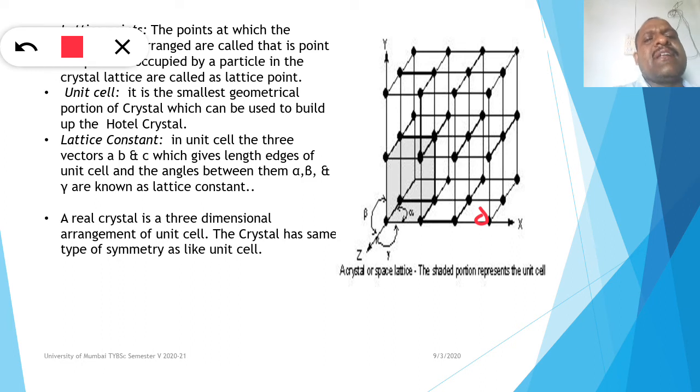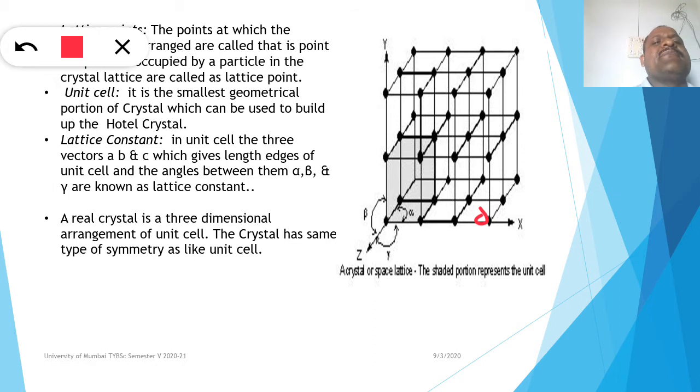Then we will move to the next concept, which is called lattice constant, or also called lattice parameter. In a crystal lattice there are two important things which are used to describe a crystal lattice or unit cell. One is alpha, beta, gamma, the angles formed between the edges when they meet at a lattice point.